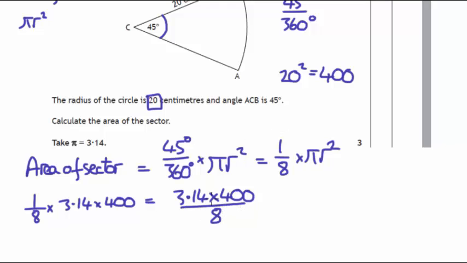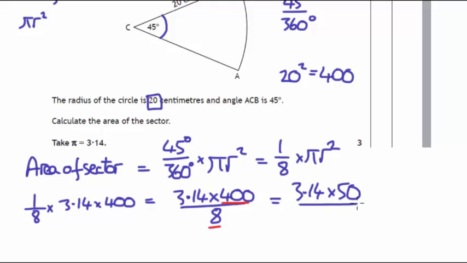Now, what we can then do is have a look to see if we can divide this into that to tidy it up a bit. So how many times can 8 go into 40? Hopefully you're a step ahead of me and saying 8 can go into 40 5 times, so 8 goes into 400 50 times.